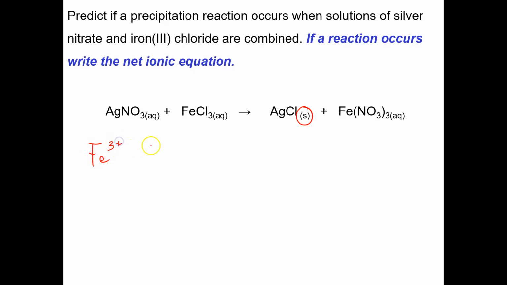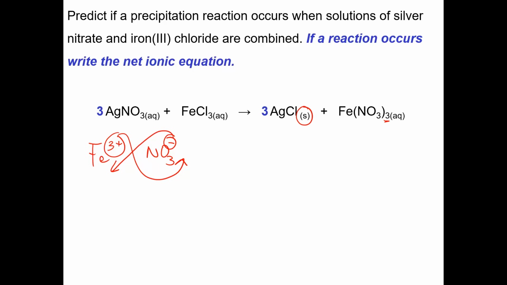We had to do a little bit of work here with the crossover rule. We identified that the iron(III) will react with the nitrate anions to form a soluble compound. The ionic compound that will form will have a 1:3 ratio of iron(III) ions to nitrate ions, because these have different charges, and we get that ratio using the crossover rule.